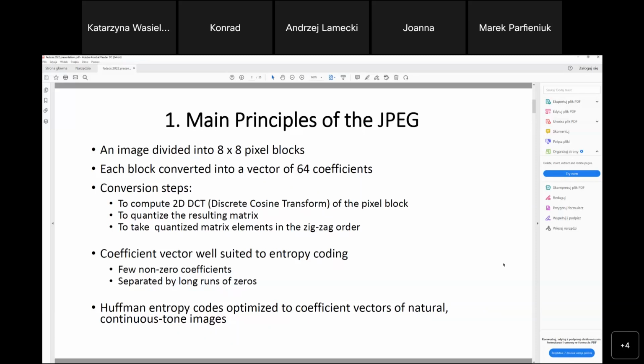This suitability lies in the fact that there are only a few non-zero coefficients, and these non-zero coefficients are separated by long runs of zero valued coefficients. And the standard provides Huffman entropy codes optimized to coefficient vectors of natural continuous tone images.